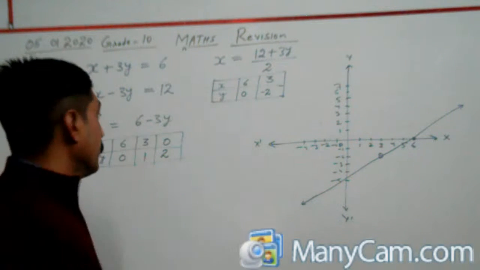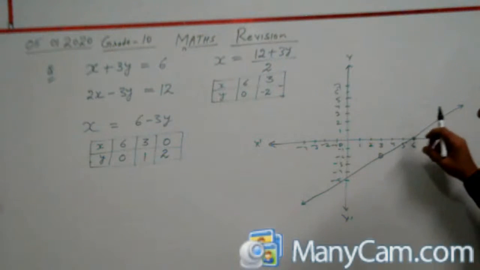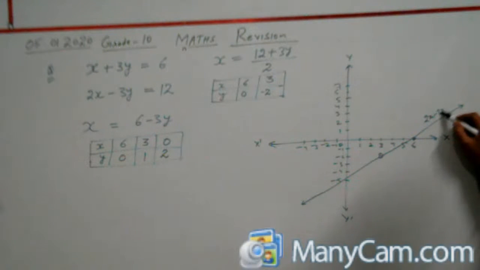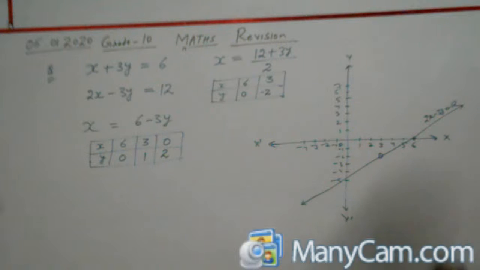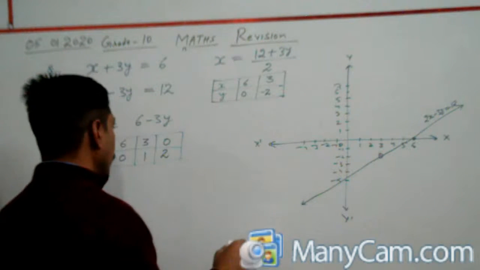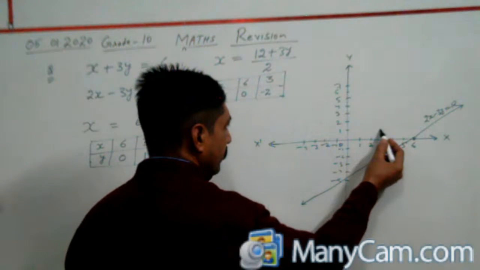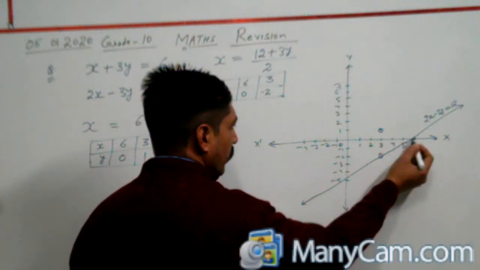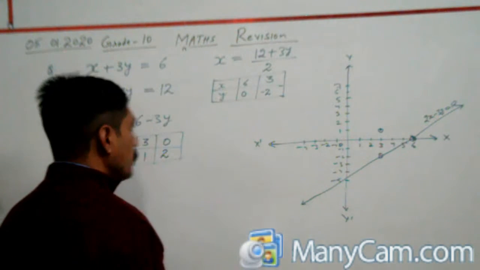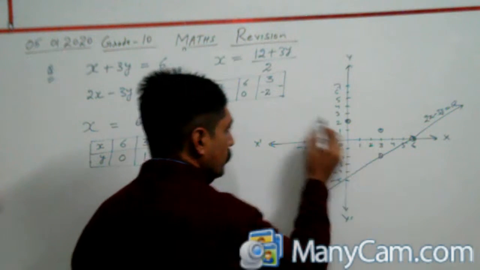Here is the equation of the line 2x minus 3y is equal to 12, with the points x is 3, y is 1, and one point is the same here: 2, 0 and 0, 2.